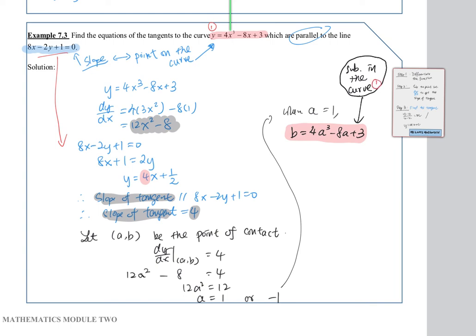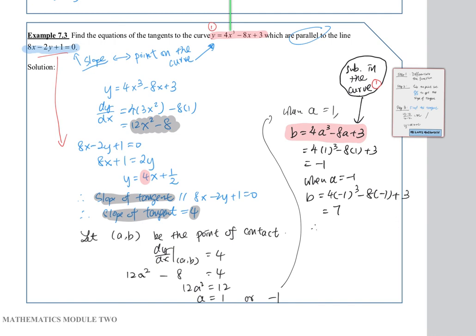The original one. That means 4 times 1 cubed minus 8 times 1 plus 3, which is negative 1. So we do it one by one. When a is equal to negative 1, b is equal to 4 times negative 1 cubed minus 8 times negative 1 plus 3, which is equal to 7.